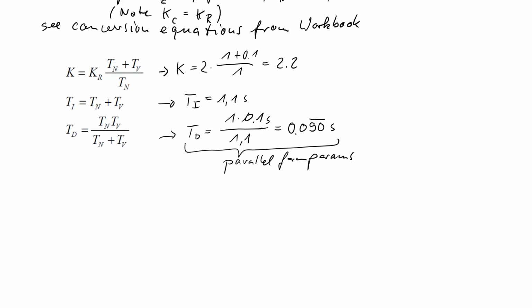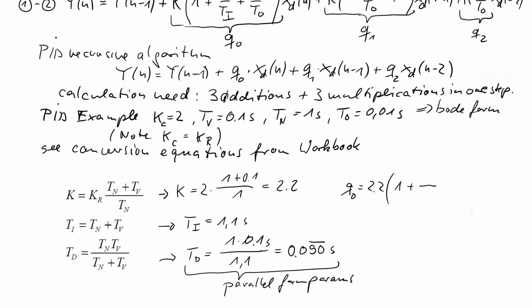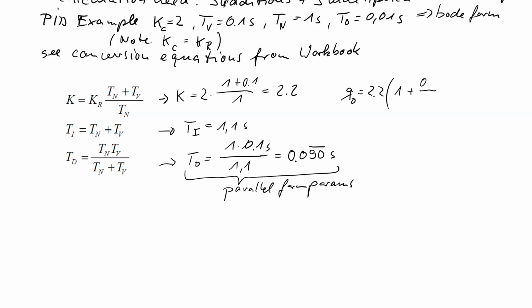So the next step is Q0. K is 2.2 times 1 plus, in the Q0, the sampling time 0.01 divided by 1.1, plus Td, 0.09 divided by sampling time 0.01. You see this Q0 can be calculated as 1 plus a very small value, and this is a very large value.